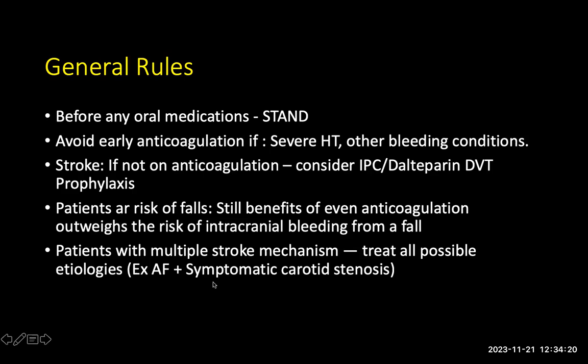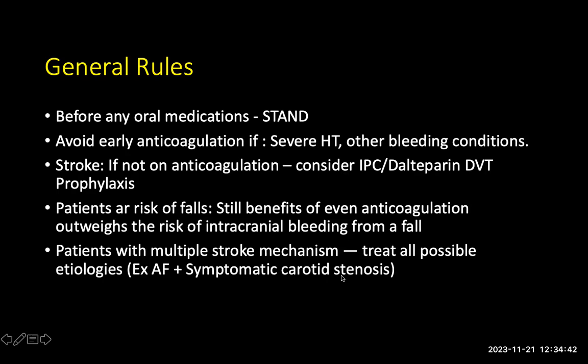And then one general rule that we must always remember is, if you found one etiology, don't stop looking for other etiologies. Say the patient comes in with new AFib and you started anticoagulation. It doesn't mean that you will not image his carotids. What if he has a significant ipsilateral carotid stenosis at the same time?